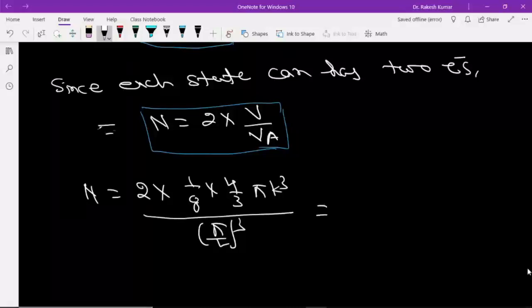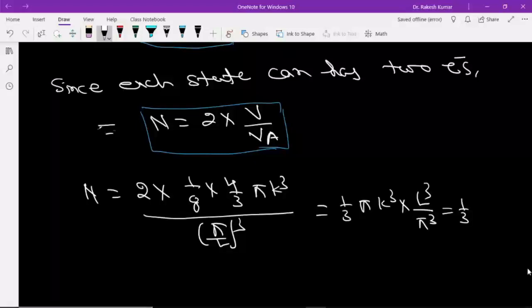So which is ultimately 1 by 3 pi k cube into L cube by pi cube, which is equal to 1 by 3 k cube L cube by pi square.